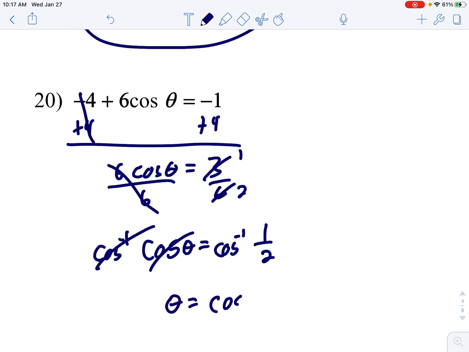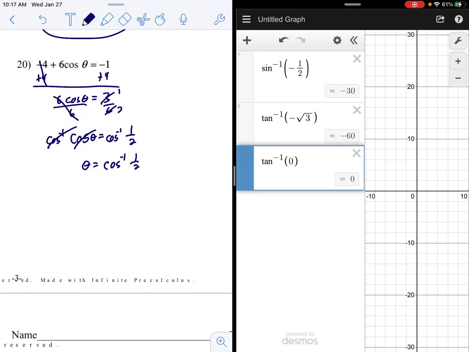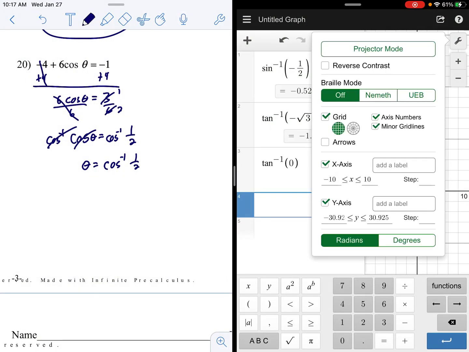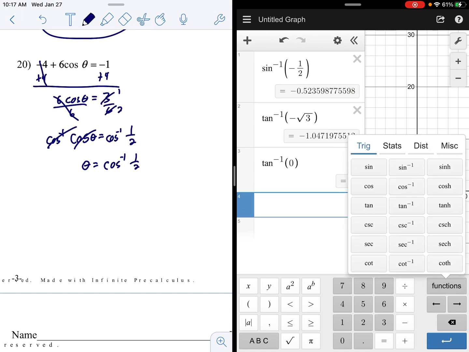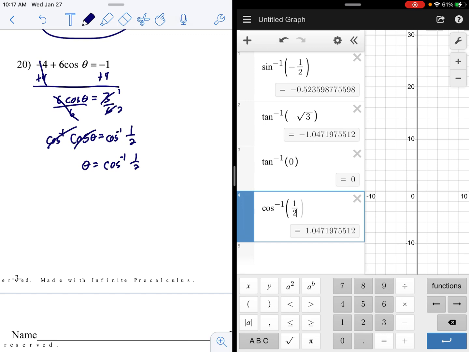Theta equals the inverse cosine of 1/2. Again, just see what the calculator does. Oh, and I'm supposed to be in radians here, so radians. Function inverse cosine of 1/2. 1.047. Okay, that isn't super helpful.